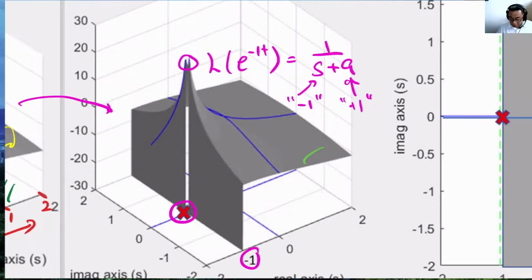So minus 1 plus 1 will give you 0, and therefore the whole thing goes to infinity. That's why this infinity occurs. Where is s equals minus 1? It is here, minus 1, j0. So it's exactly at this point along the real line. s equals minus 1, and we put a star there, or a pole, or a cross there to tell you that at this point the function goes to infinity.